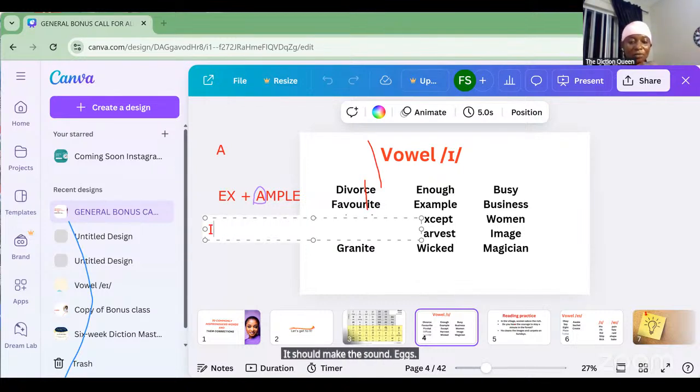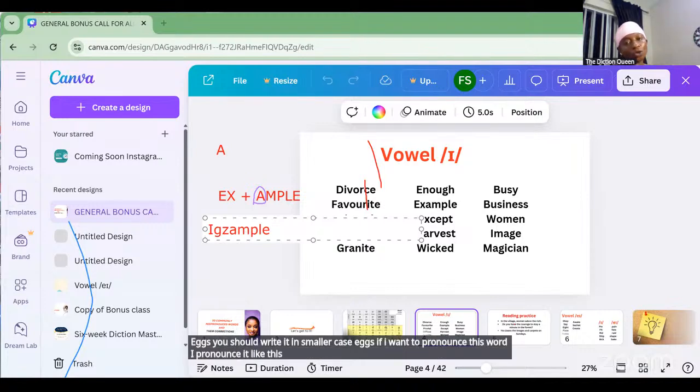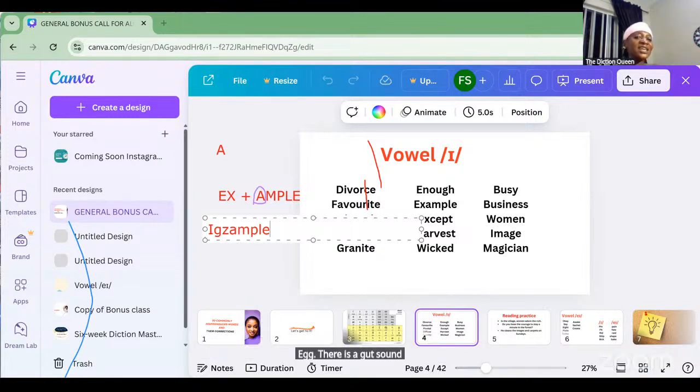You should write it in smaller case. Eggs. So if I want to pronounce this word, I pronounce it like this. Example, not example. Egg. There is a good sound there. And it's a Z sound, not an S sound. Example. For example, not for example.